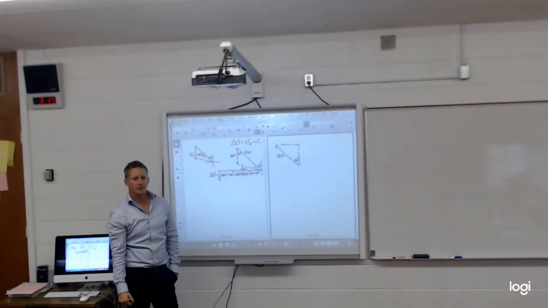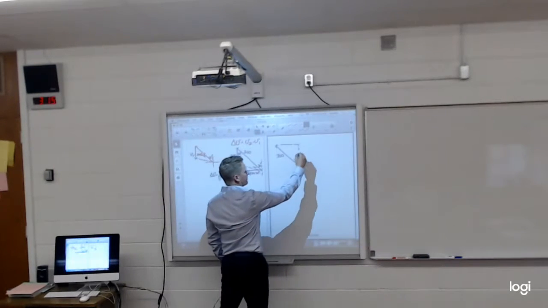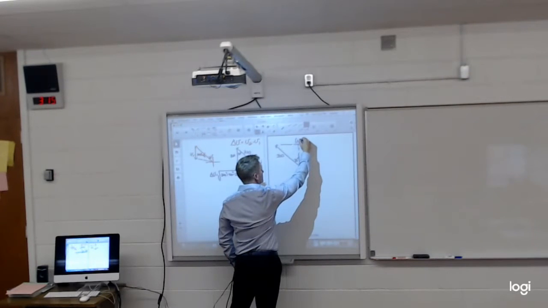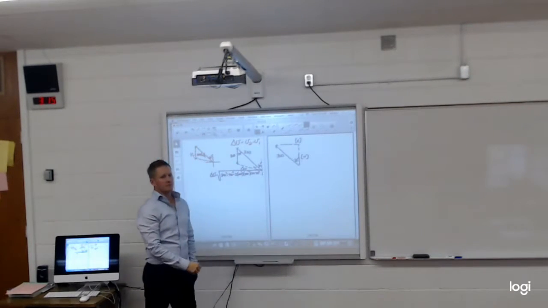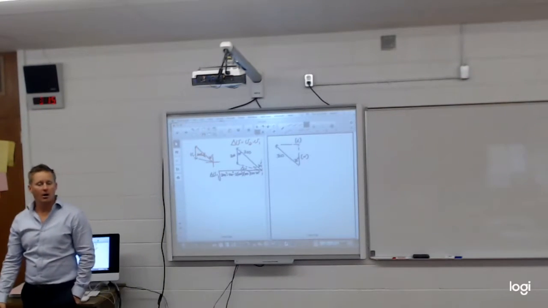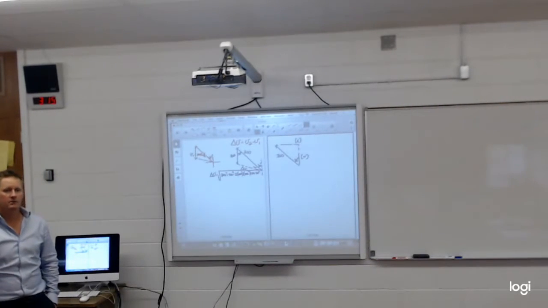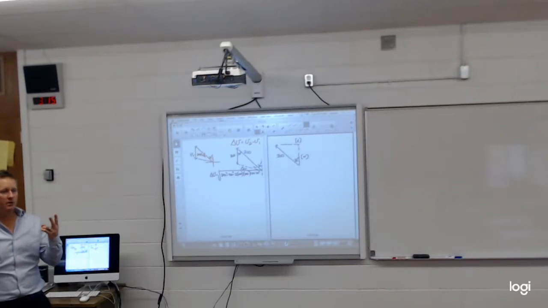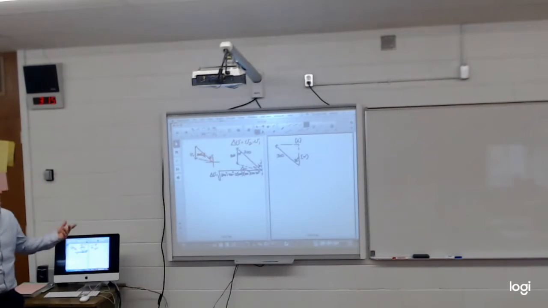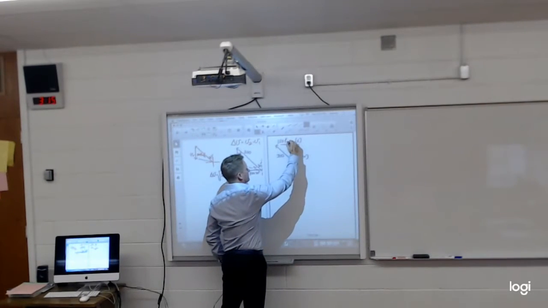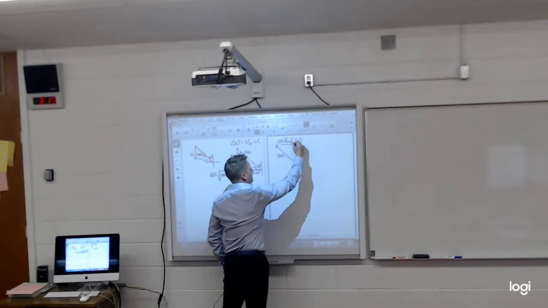Do I have enough information to find out how far north it goes and how far east it goes? Yeah, I have a right triangle. Every time you find your components, they're all right triangle trig, because you're going in two directions. Sine of 30 is a half times 300. That makes this 150 kilometers per hour.